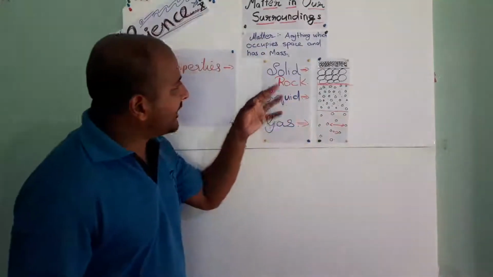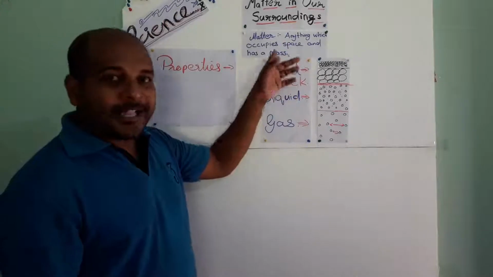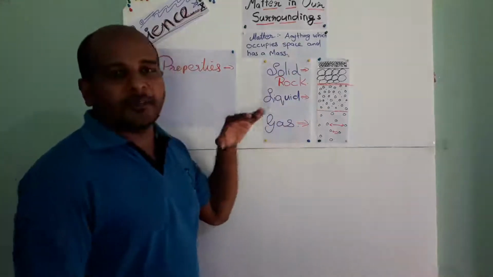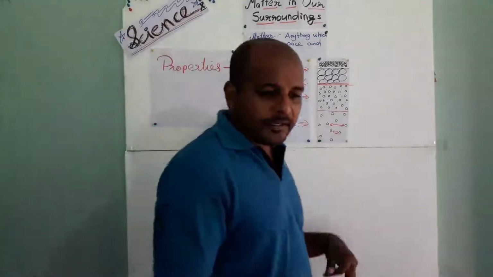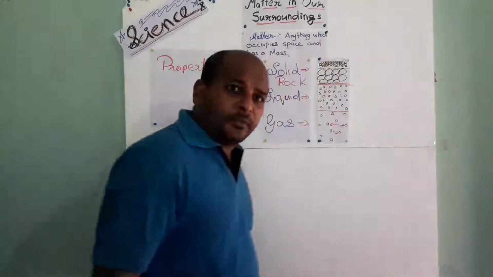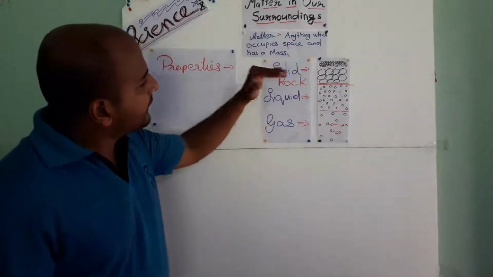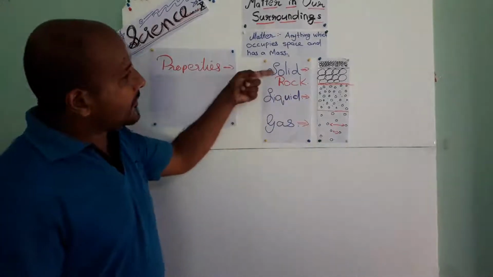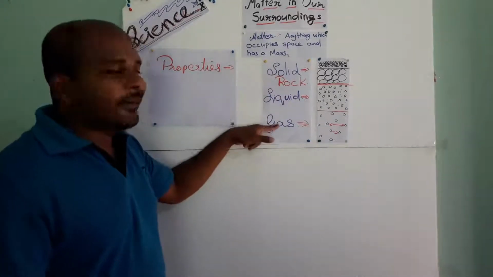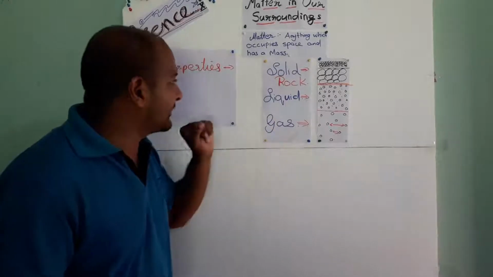So liquid is more compressible than solid and less compressible than gas. And the rate of diffusion is the same. The rate of diffusion in liquid is more than that of solid and less than that of gas.